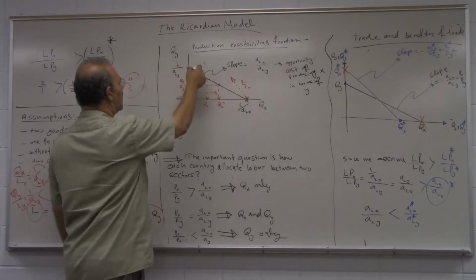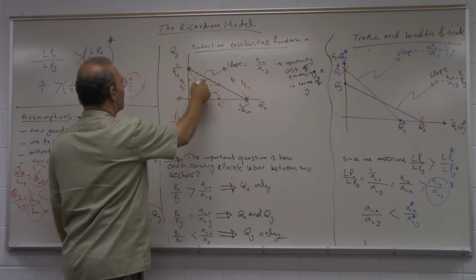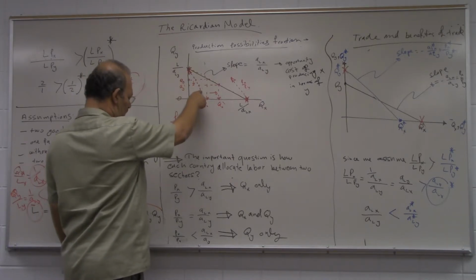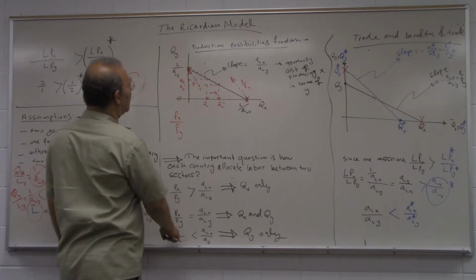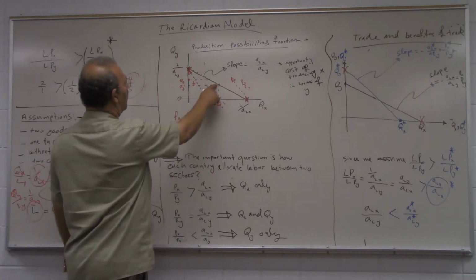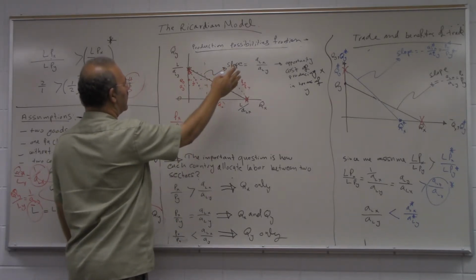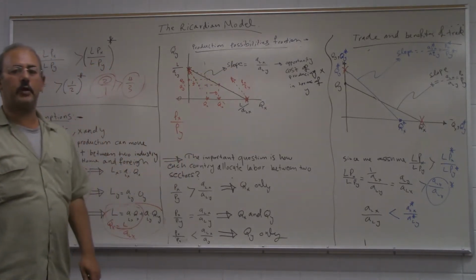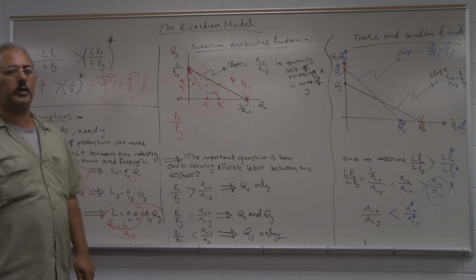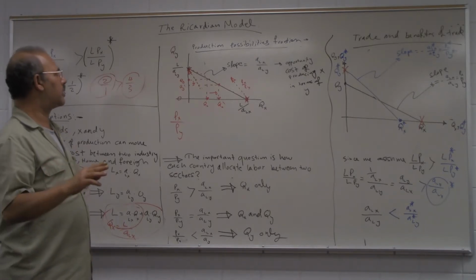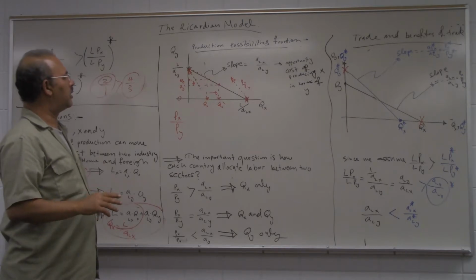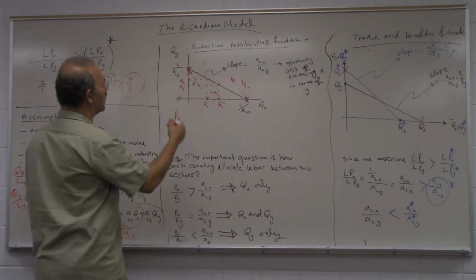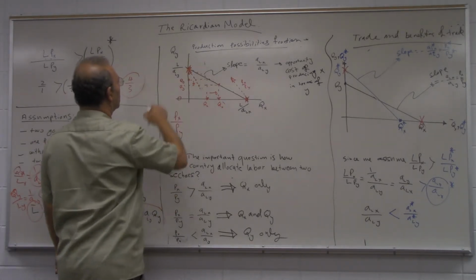That means the slope of prices will be less than the slope of the production possibility frontier, and we said the slope of the production possibility frontier is equal to the opportunity cost of producing good X comparing to good Y. And this slope of prices is less than the opportunity cost, so the economy will be here.